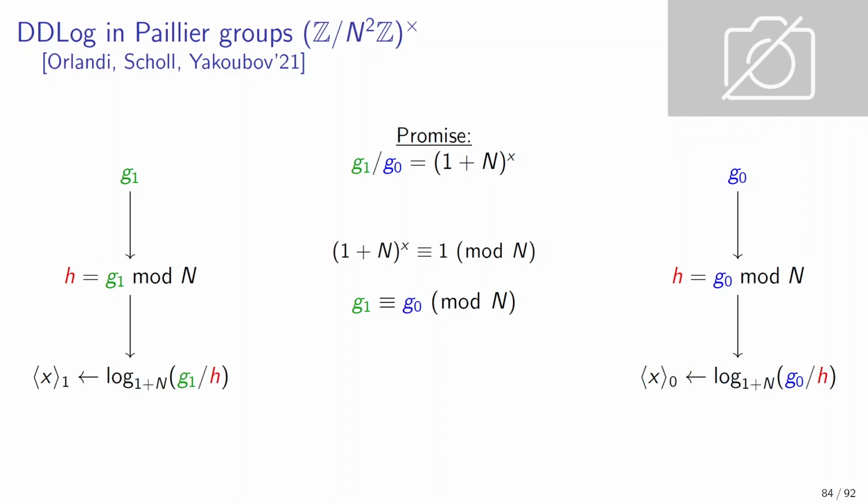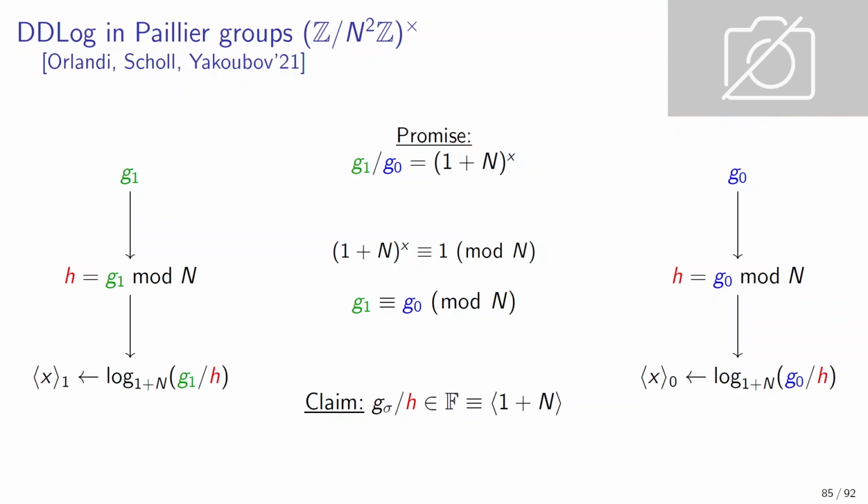How do you then determine your distance? Choose this point h. Taking the log of G1 over h is the same as taking the log of G1 minus the log of h. And so these two shares are going to cancel out, or rather, they're going to sum up to x. The core claim here is that if you take your share and you divide it by h, you are going to fall within the special subgroup for which I claimed the discrete log is easy.